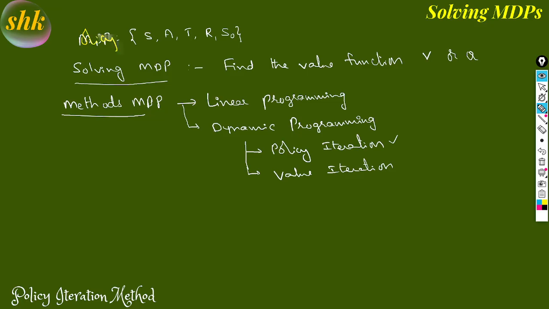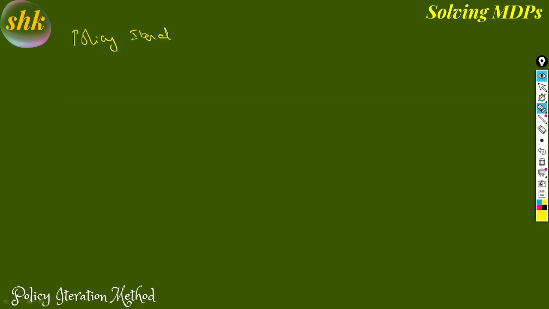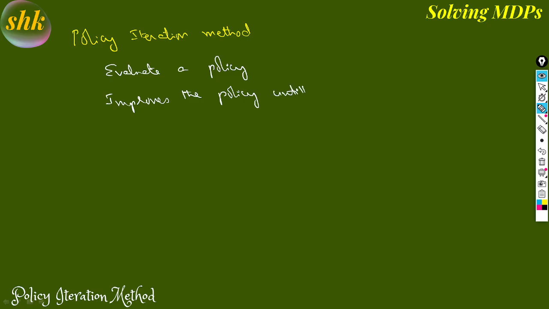The policy iteration method is used for evaluating a policy and improving the policy until obtaining the optimal policy.